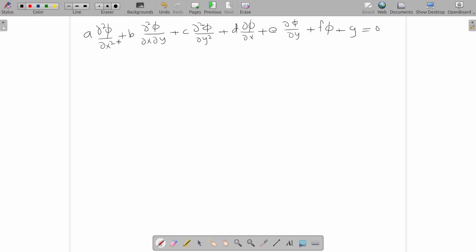So we can assume that A, B, C, D, E, F, G are constants. That doesn't need to be the case. It can be a function of x. Let's for the time being assume that these are constants.